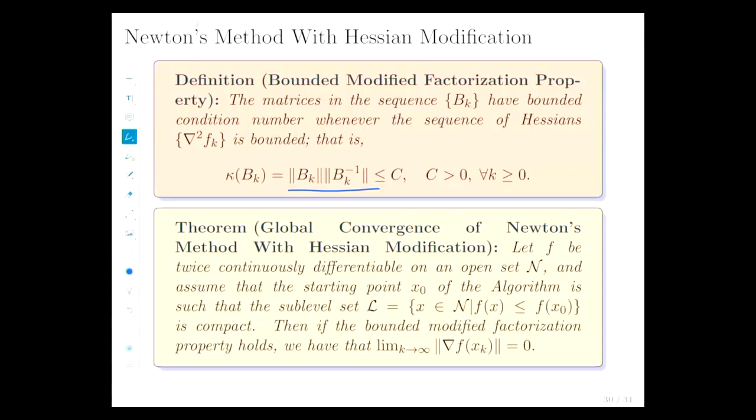If that condition holds, then we can show we have convergence to the solution as well. And when I say to the solution, it means to a solution that satisfies the first order necessary condition. Maybe we want to use this property to modify our Hessian so that it has this bounded condition number property.